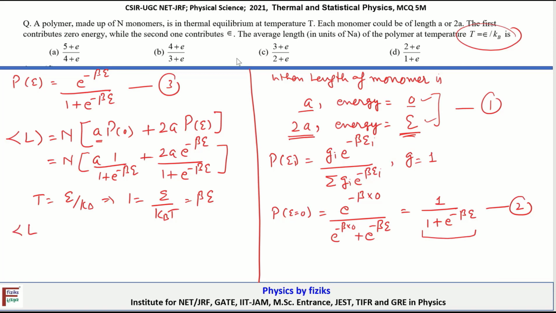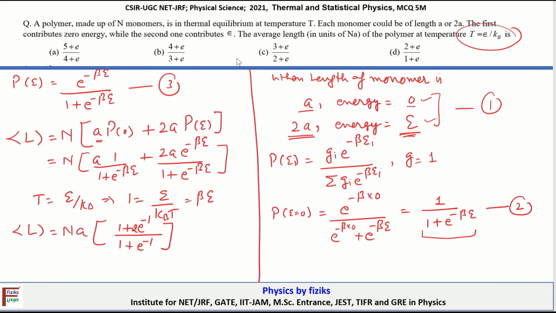Therefore the average length, taking A outside, is NA times the numerator, 1 plus 2 exponential minus 1, because beta E is 1, divided by 1 plus e to the power minus 1.